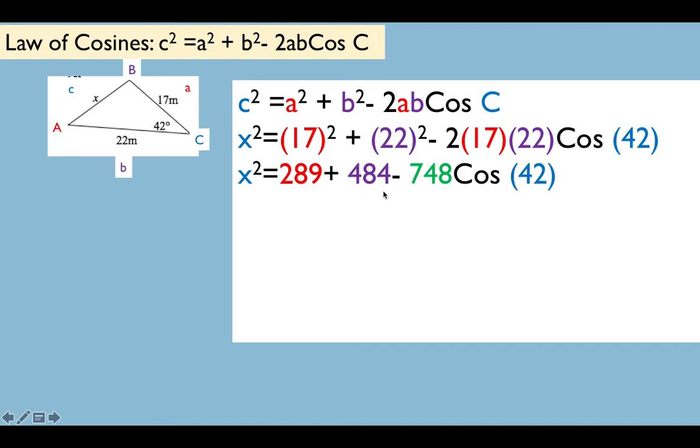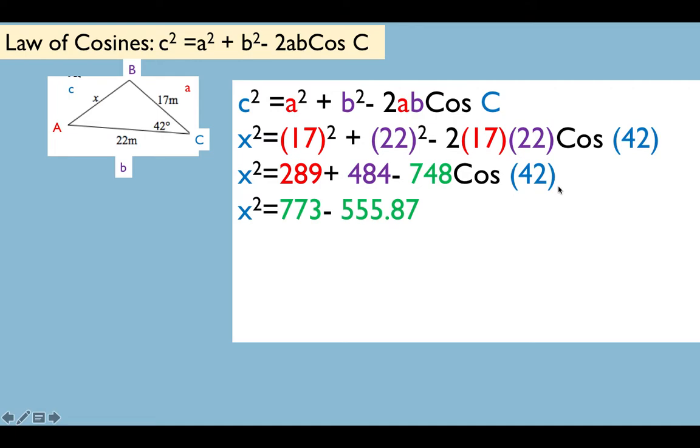Next, let's add these two up together. I got 773. I also already put 748 times cosine 42 into my calculator. When you do this, and again this is multiplication, you should get 555.87.